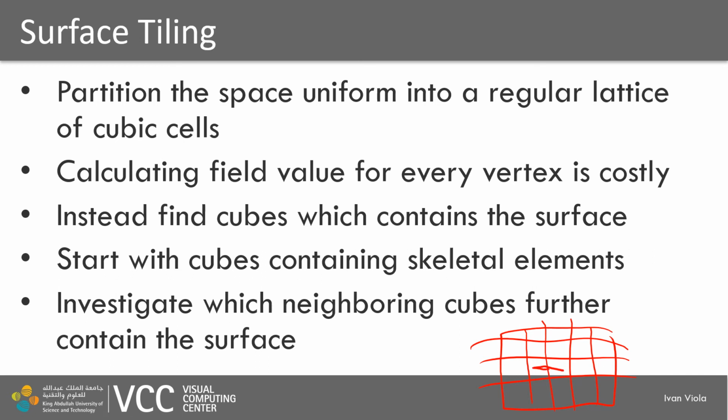Let's say the skeletal elements will be here, and we can then look for where are our vertices where our implicit object is still inside, and where are the vertices where we are already outside our implicit object.